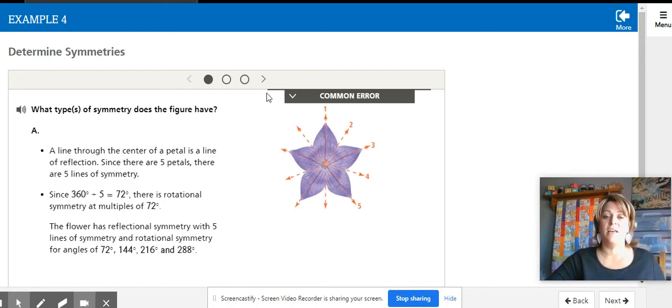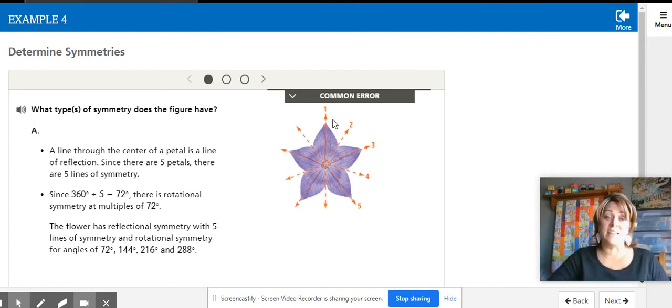So look at this solution. First, they visualize it for you. They draw in the lines of symmetry. Then they talk about the rotational symmetry, which shows you how to do the calculations. So we know there's 360 degrees from the beginning all the way around to where it started. So if I know this petal can go 1, 2, 3, 4, and end up here at 5 again, then I basically take 360 divided by those 5 movements, okay, and you get 72.